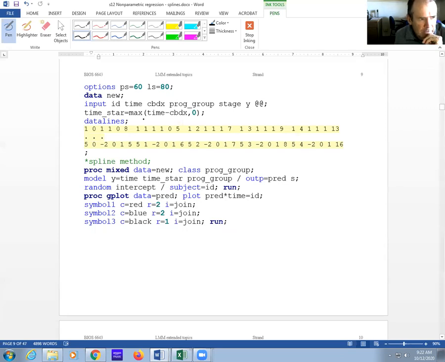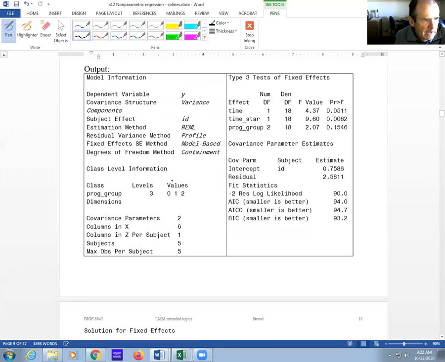So you just create that new term, and then you can run your mixed, and you can see it's not that complicated in terms of the amount of code you have to write. It would be the same in R as well. So we have our time star term that's going to see if there's a change in direction of the progression. Then a progression group, random intercept. This is just reflecting the model I wrote on the previous page.